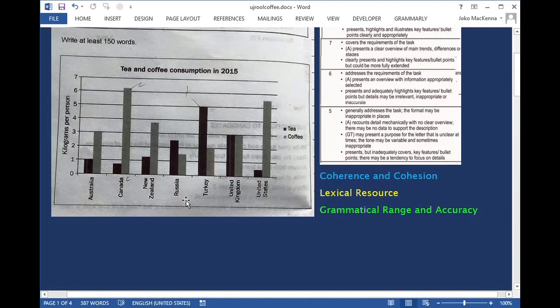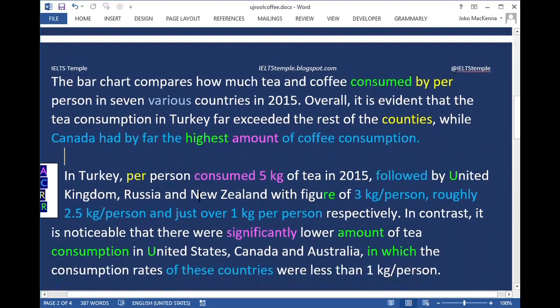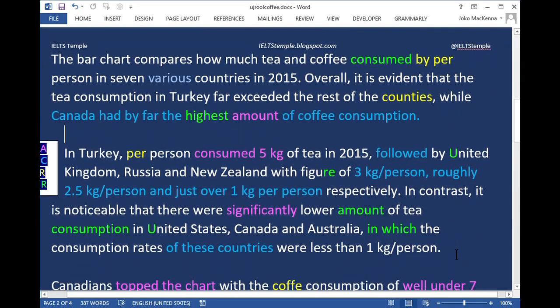Let's see what our candidate wrote. Okay. The bar chart compares how much tea and coffee consumed by per person in 7 various countries in 2015. Overall, it is evident that the tea consumption in Turkey far exceeded the rest of the countries, while Canada had by far the highest amount of coffee consumption.